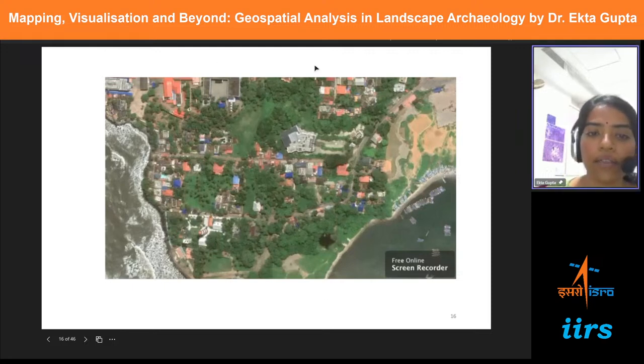So this is an example of how crop marks and satellite images can be useful. Because we had that map, we could delineate this fort, and I'm not going to discuss that in detail in this talk. But tomorrow, Dr. M.B. Rajni will be discussing more about these patterns and how to identify archaeological sites with that.